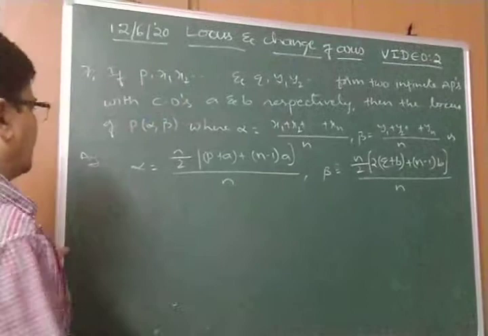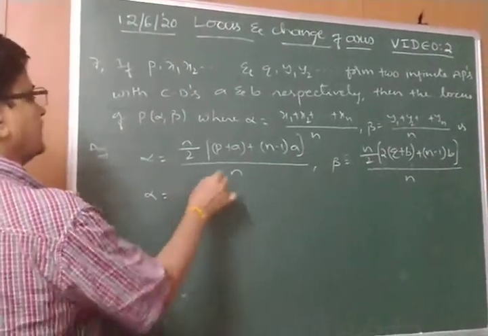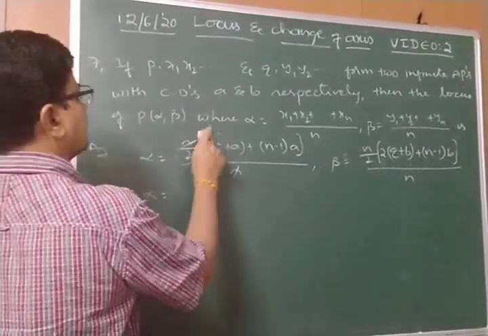That is the formula. So that's why we're taking alpha, with n canceling.